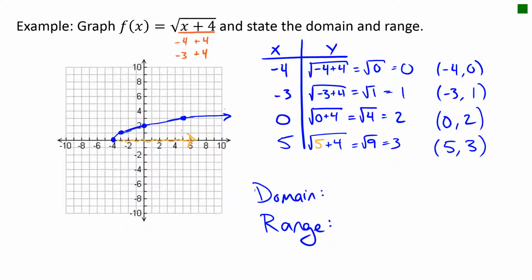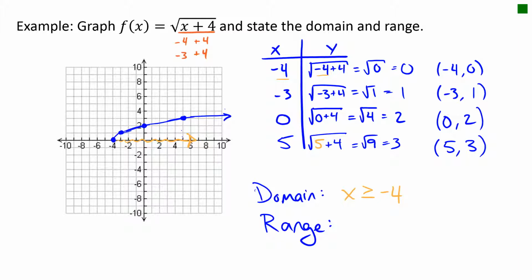So the domain is that x has to be greater than or equal to negative 4. That was the smallest x value that worked in this square root function. Smaller x values would have resulted in square roots of negative numbers.